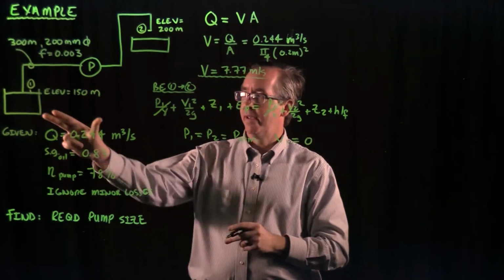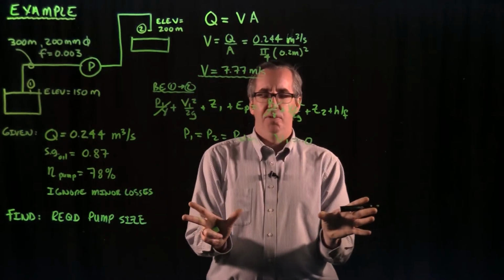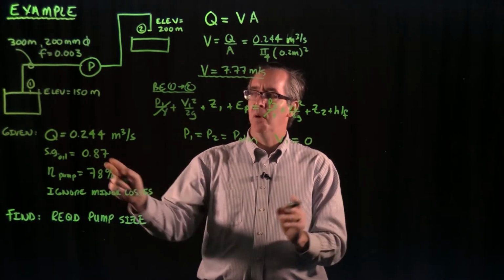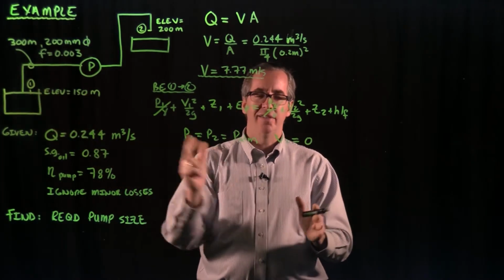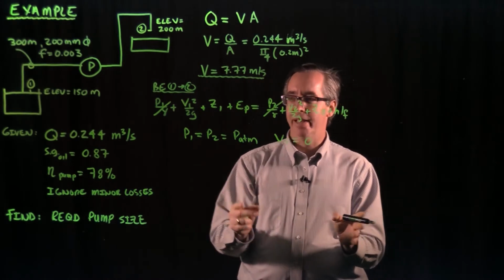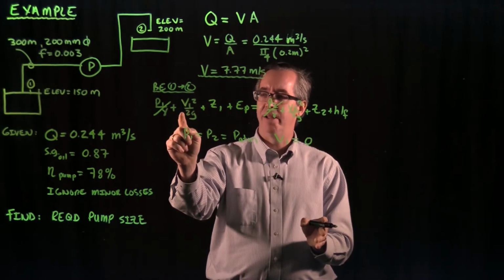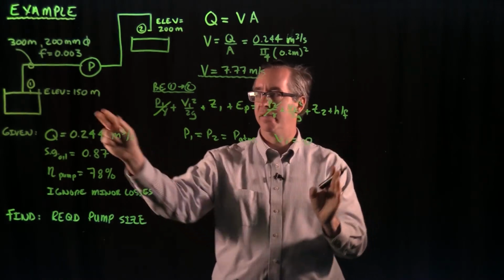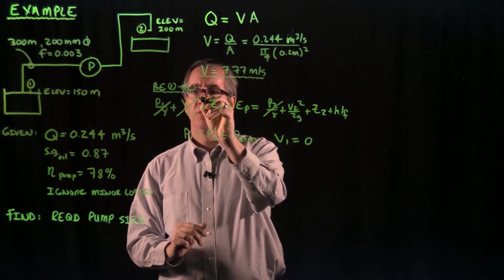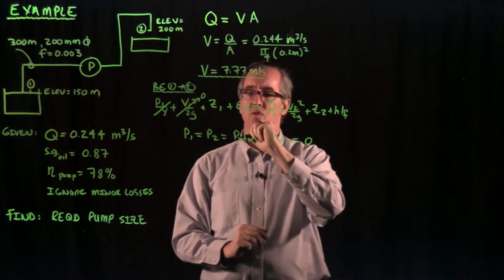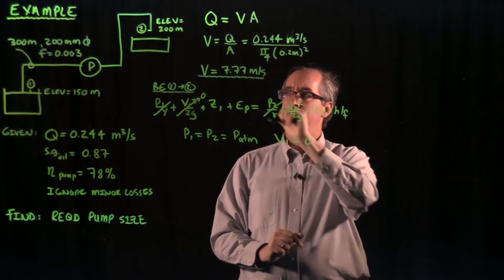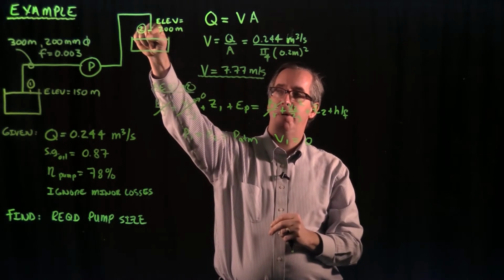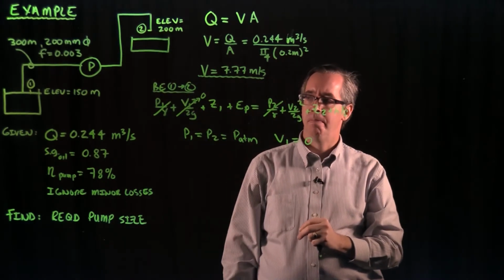If you think about it, say if you went down to Lake Ruby, or if you looked at just the water in a swimming pool, at the water surface, the velocity is really, really small, if any. And if you square that small velocity and divide by 2g, it's definitely going to be really small. So we're just going to ignore the velocity and assume that's 0. We can't do the same thing at point 2 because that's where the water's exiting the pipe. It's definitely not going to be 0.